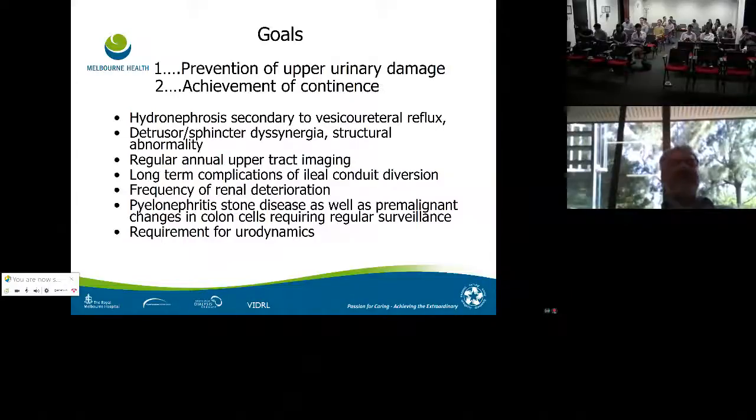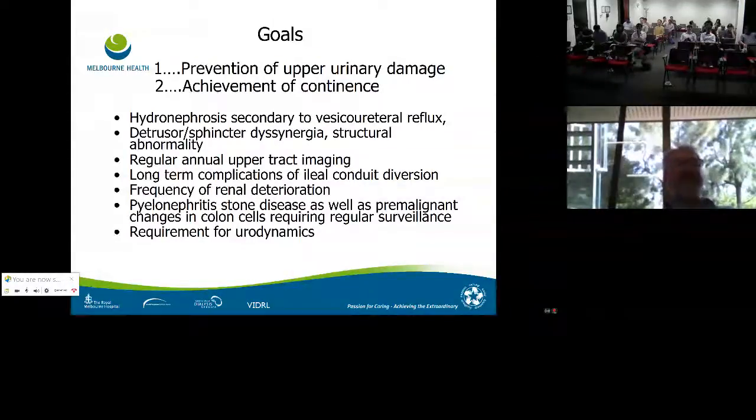So the damage is done generally by either infection or the vesicoureteric reflux and hydronephrosis. There can be detrusor sphincter dyssynergia. There can be structural abnormalities also to a much greater extent than in the normal population.